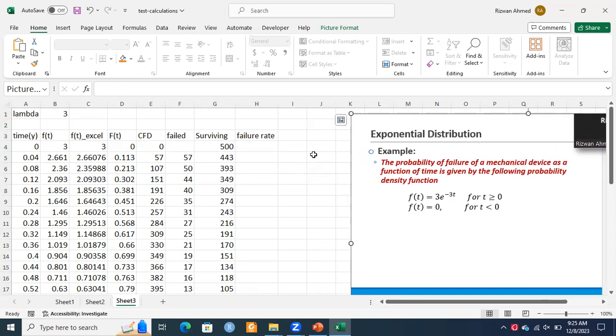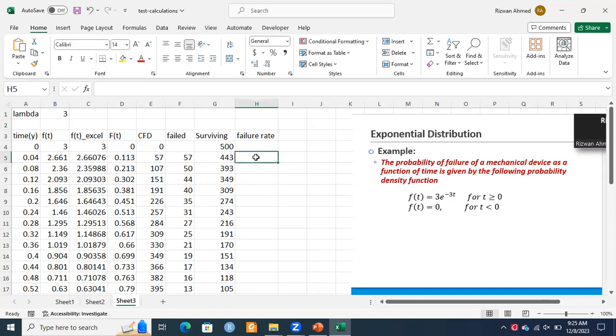I will compute it after some time interval. At this interval, the number of components failed out of total is going to give us the probability of being failed.